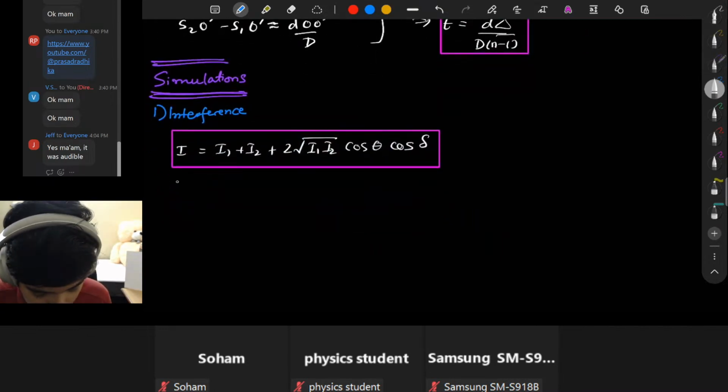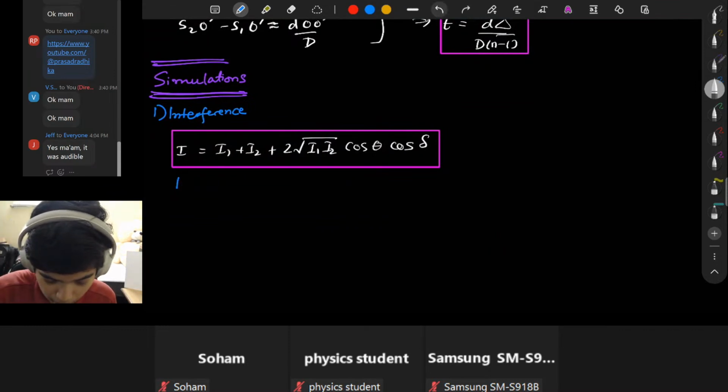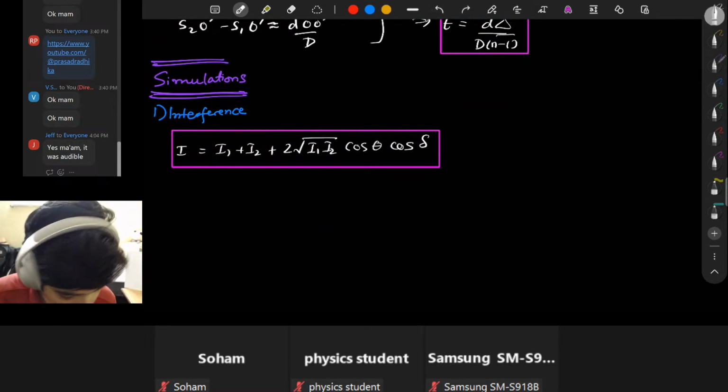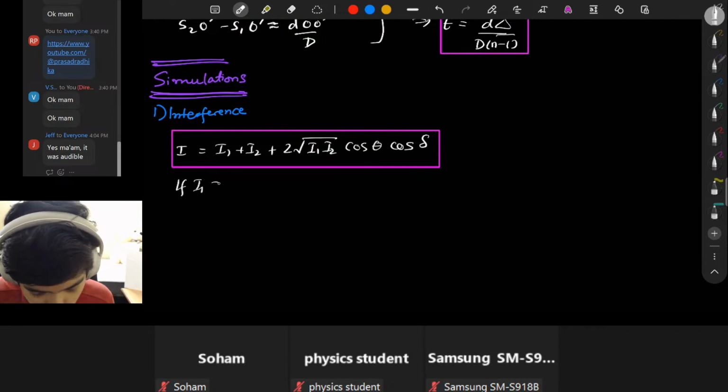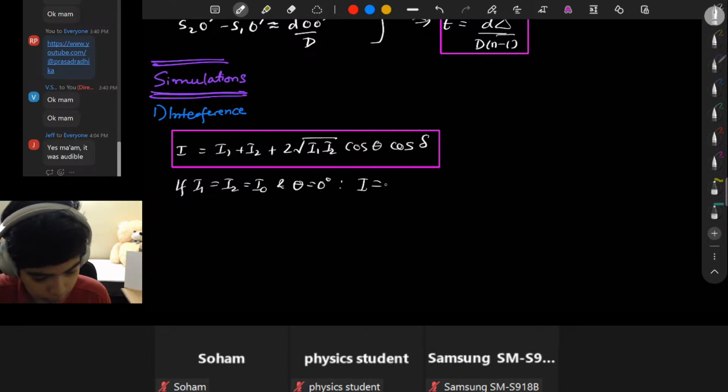If I1 equals I2 equals I0 and theta equals 0 degrees, then we get I equal to 4 I0 cos squared (delta over 2).